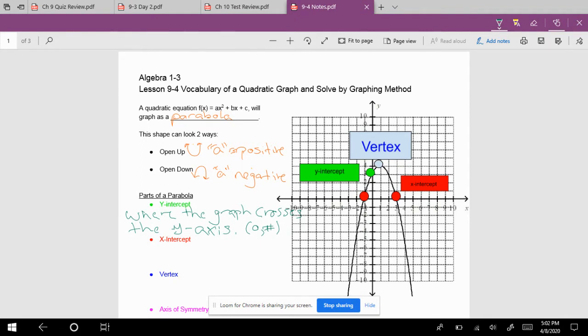Okay, an x-intercept. I have that in red on my graph. Very similar to a y-intercept, an x-intercept is where the graph crosses the x-axis.